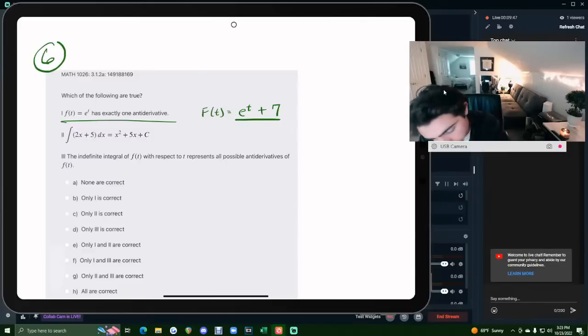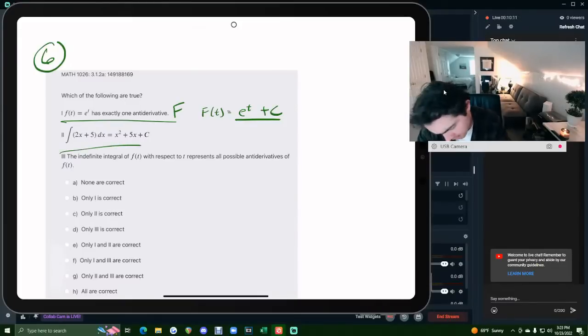That's one antiderivative of this. e to the t plus, I don't know, 2000 is another antiderivative of e to the t. We just found 2, and they say it has exactly 1, so that's false. Basically, because you have plus c, there's not just one, there's infinitely many antiderivatives.